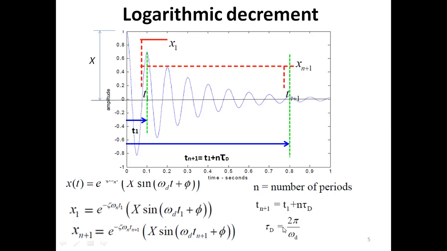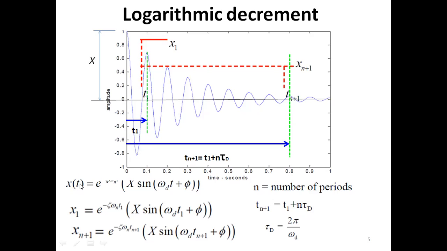So Td is equal to 2 pi by omega d. When we multiply this with n, I would get the time between these two vertical lines. If we add that time to t1, we would get time t n plus 1.